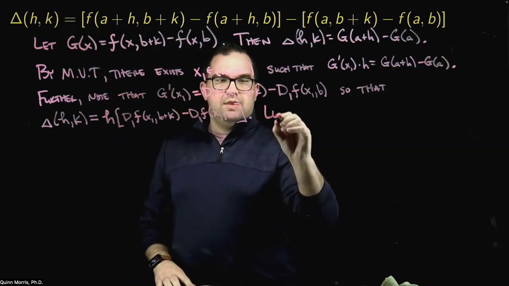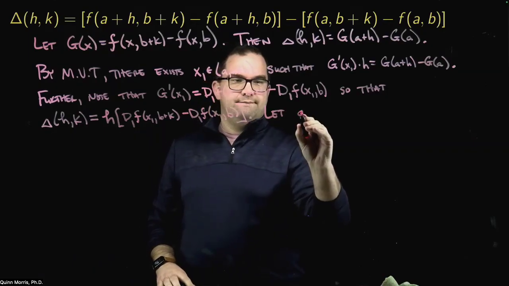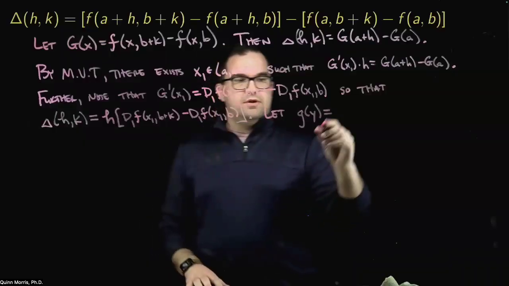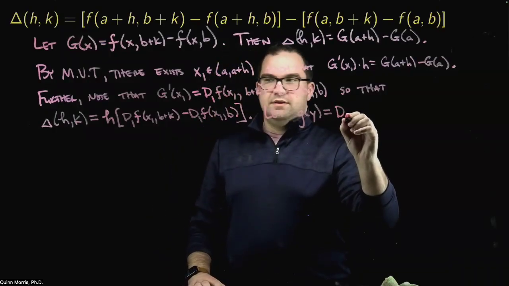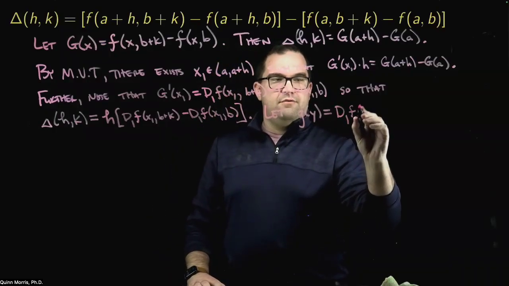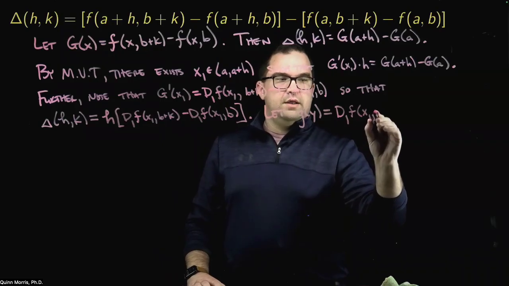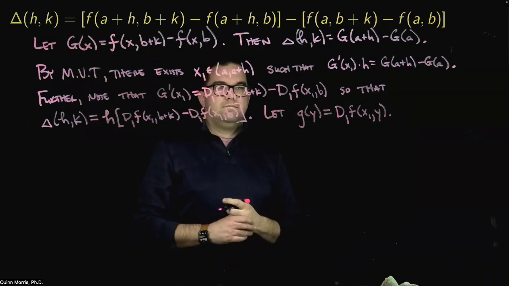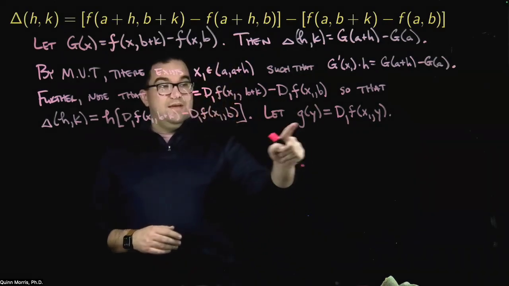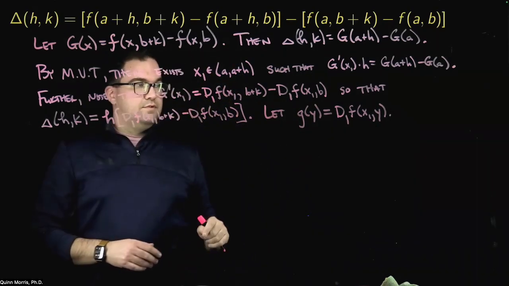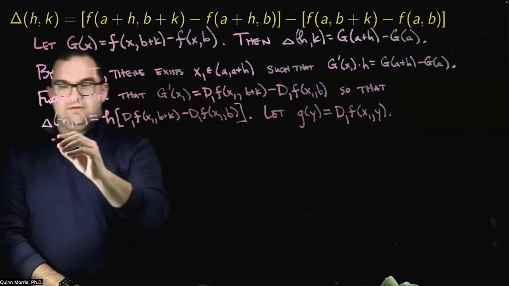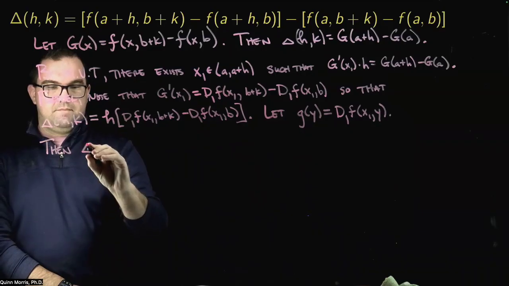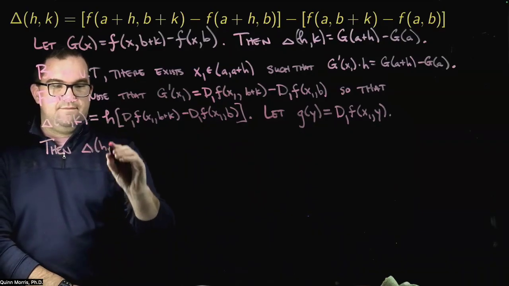Okay, so now let me define another function, g of y, and I'm going to define this to be d1 f of x1 comma y. Okay. If I do that, now this is my delta hk.